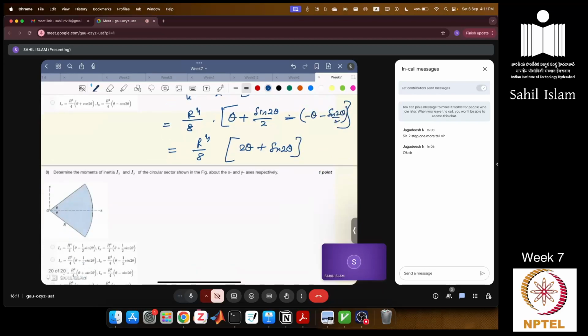Taking 2 common, Iy is r to the power 4 by 4 times theta plus half sin 2 theta.